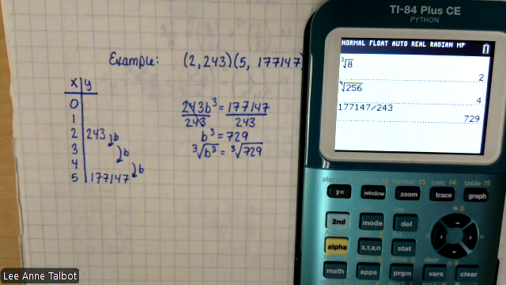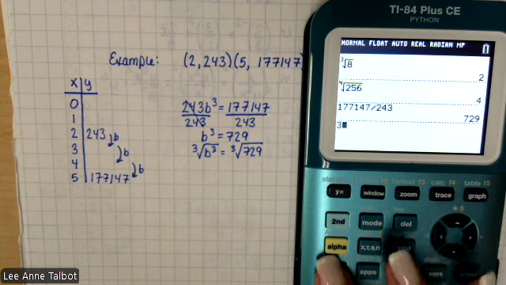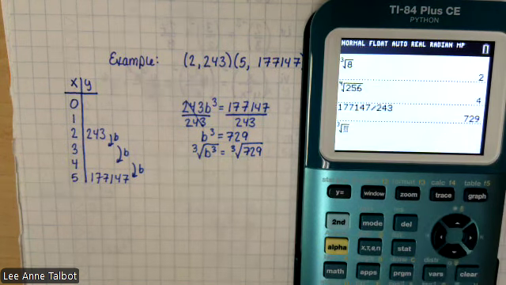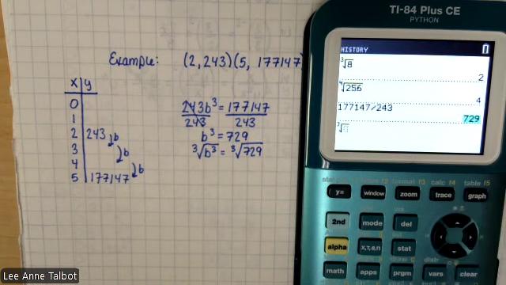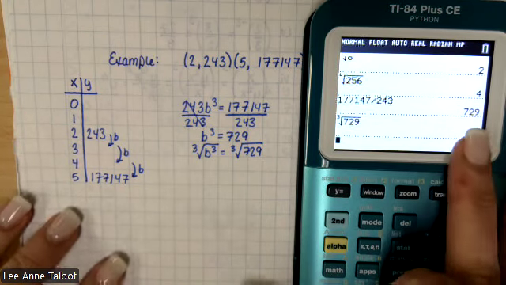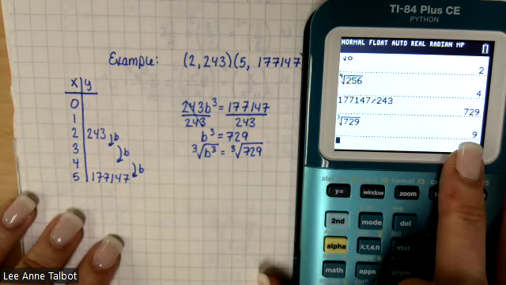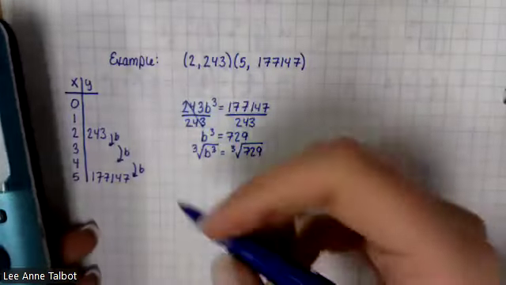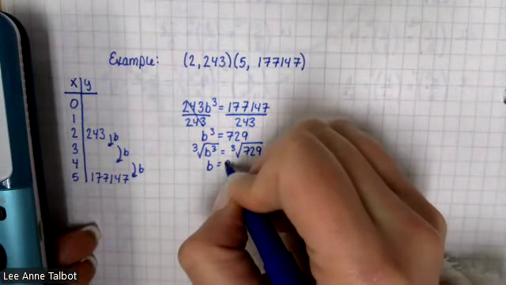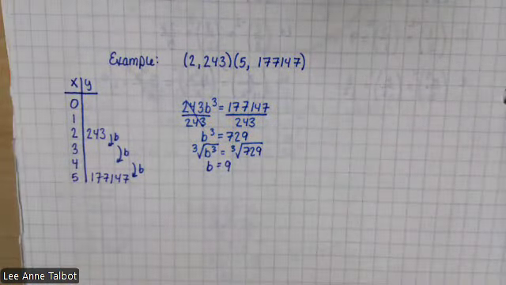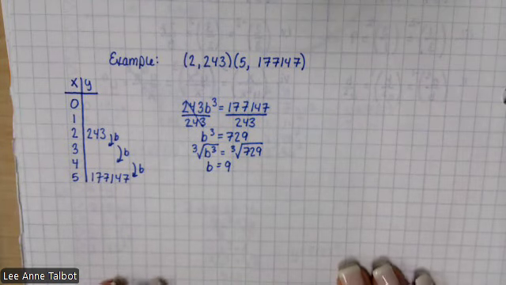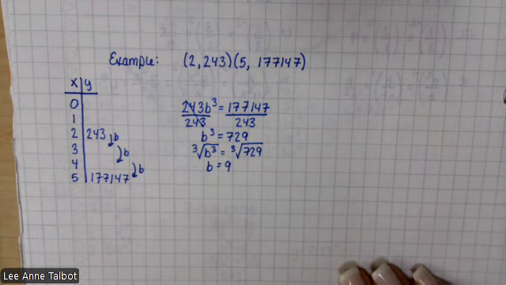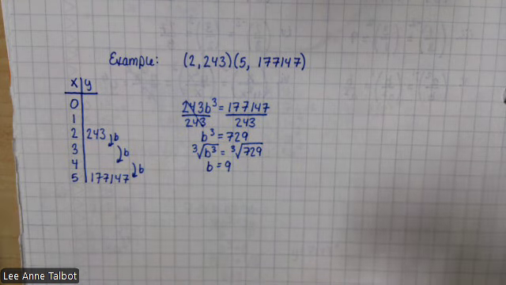Okay, cube root. Should be 9. I am not going to tell you how to find the cube root or fourth root or fifth root in your calculator. Now is the time to ask.